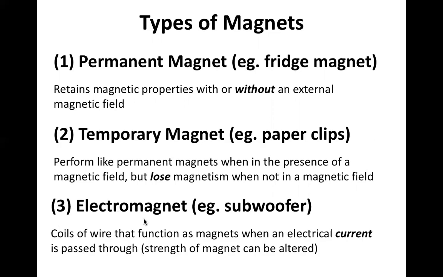And so hopefully this is kind of like a magical statement for you right now, because we've never talked about current causing a magnet to be created. And we're going to take the next couple of topics to talk about that. This is how a subwoofer works.